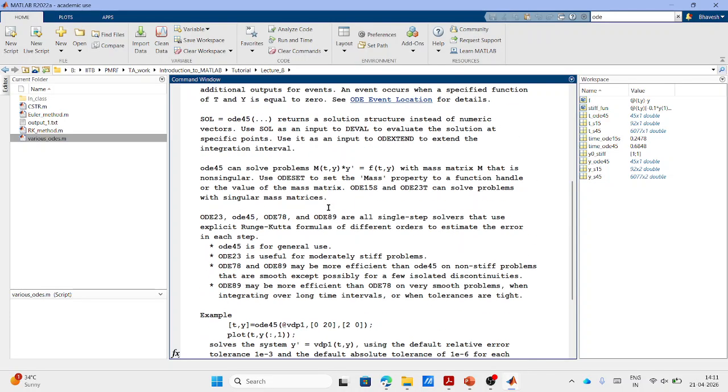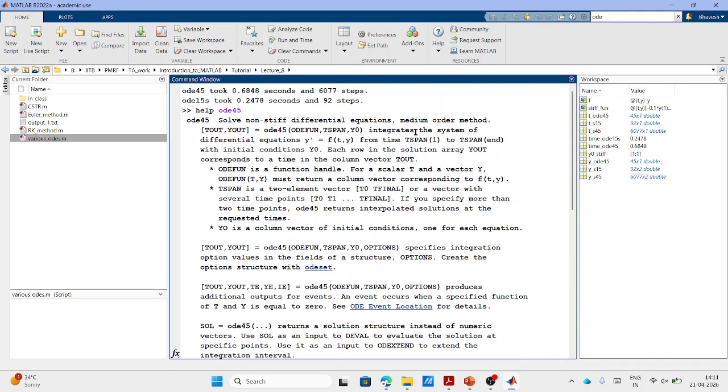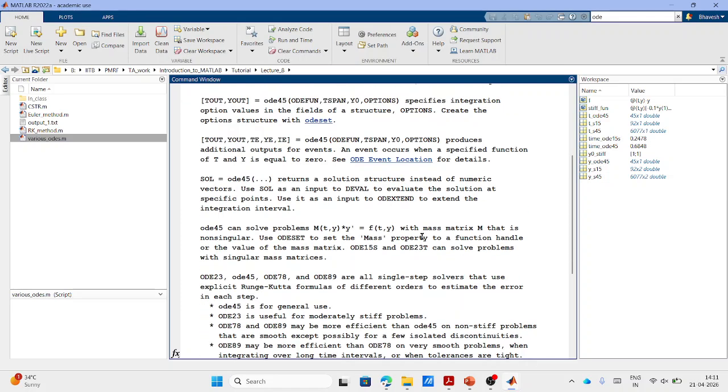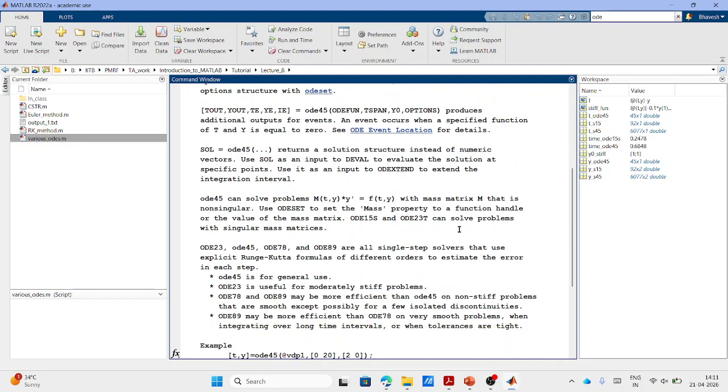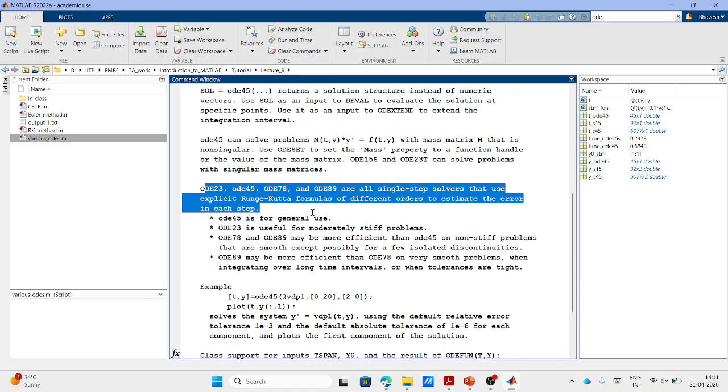So ODE23, 45, 78 are all single-step solvers that use explicit Runge-Kutta formulas of different orders to estimate the error in each step.